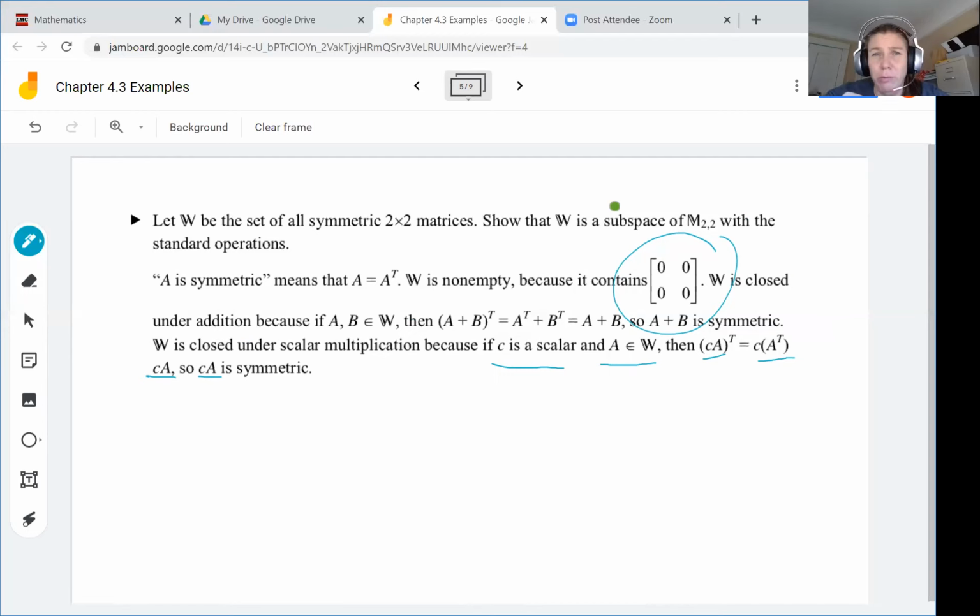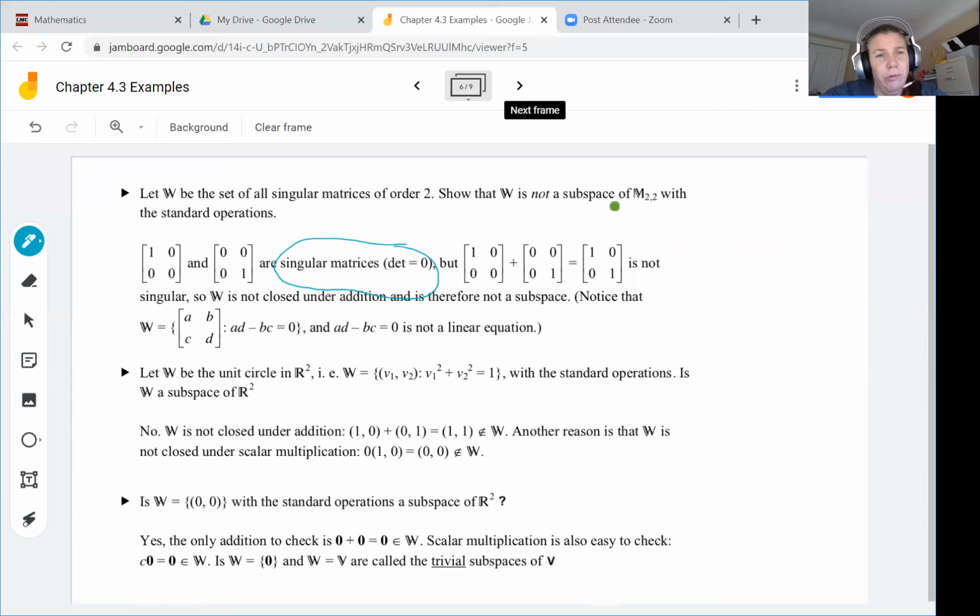Now we let W be the set of all singular matrices of order 2. Show that W is not a subspace of the 2x2 matrices with standard operations. So remember, singular matrices are when the determinant equals 0. So here are two singular matrices: 1, 0 and then 0, 0 in the second row, and then 0, 0 in the first row, and 0, 1 in the second row.